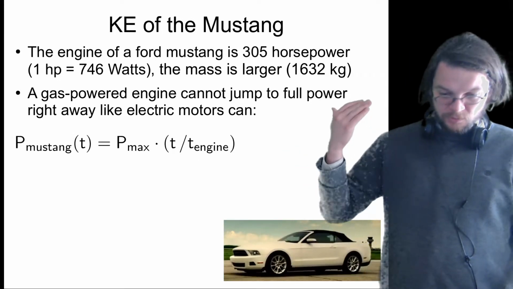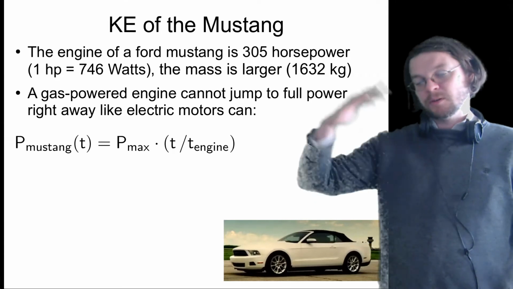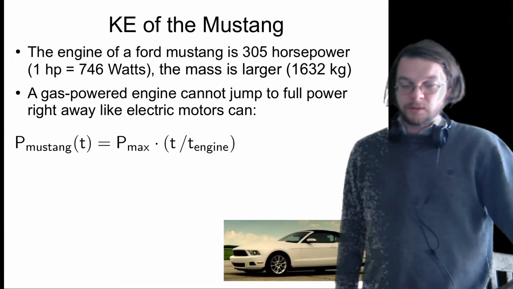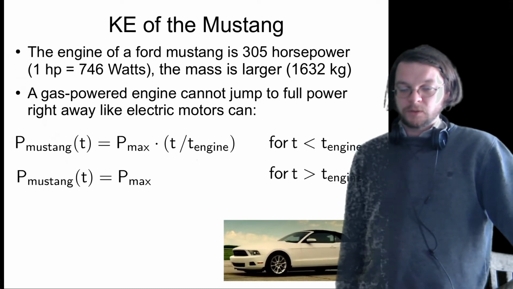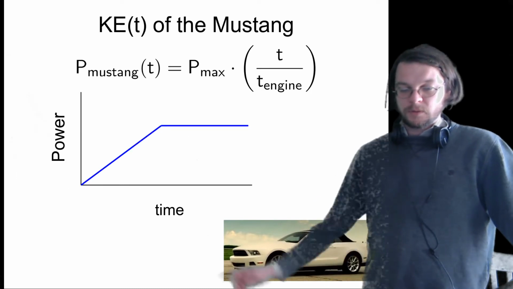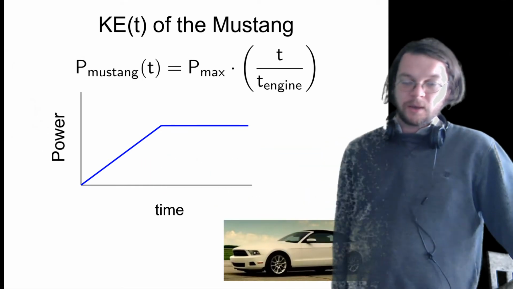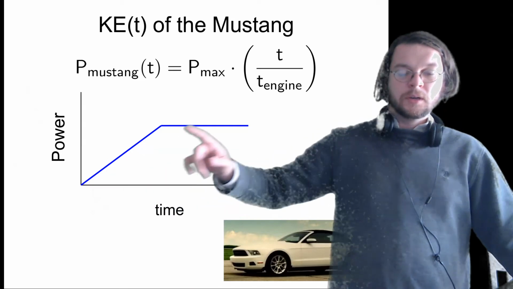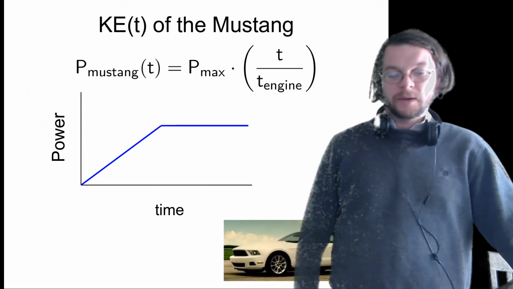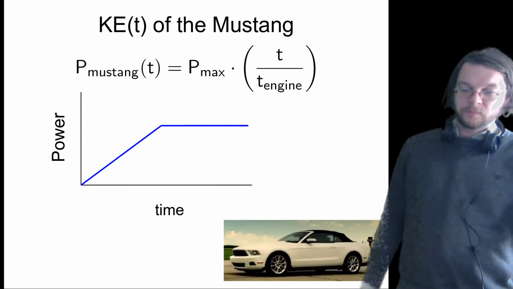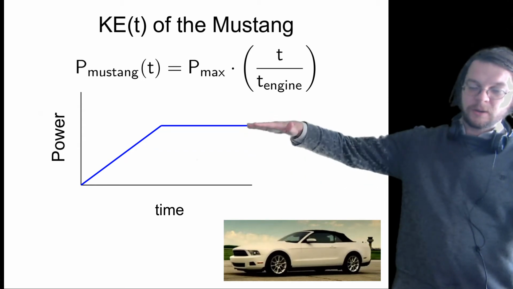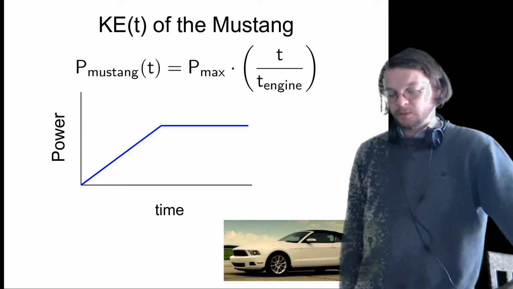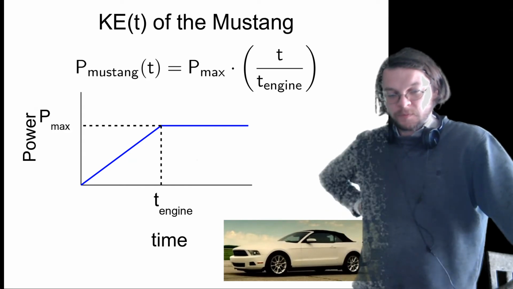And so you can't just go from idling RPMs all the way up to like 5,000 or 6,000 RPMs. It takes a couple seconds to do that, and so the power with time is going to look a little bit like that. So initially the power is not much, and then eventually it gets up to the max power. And this power is much higher than the power of the smart car, but we'll see what happens.